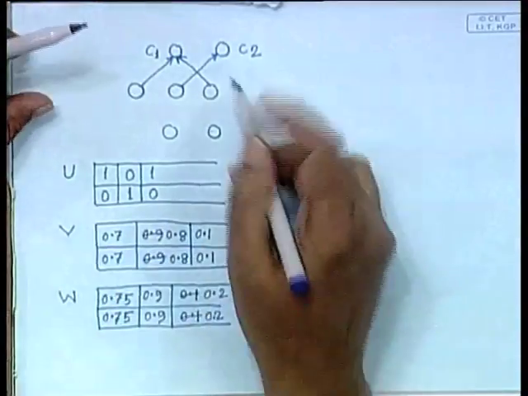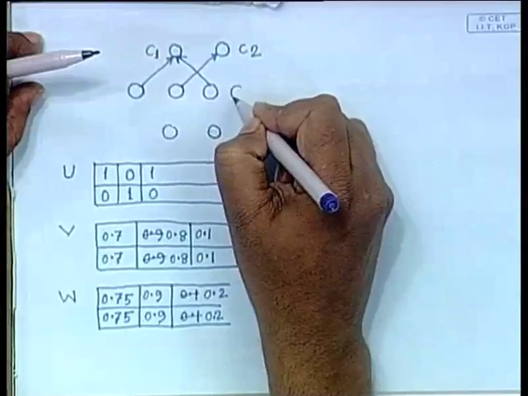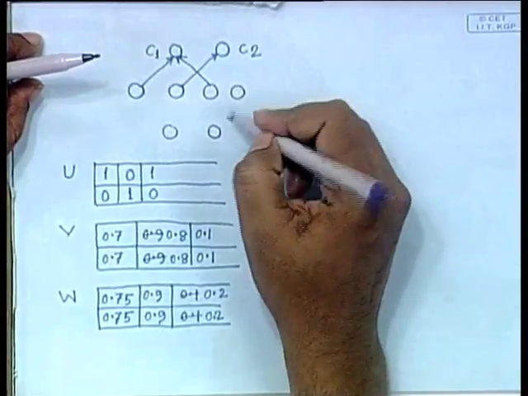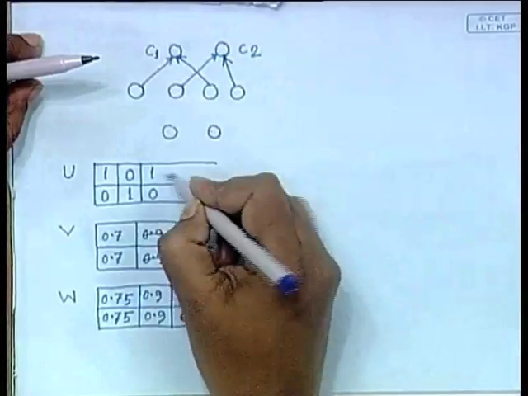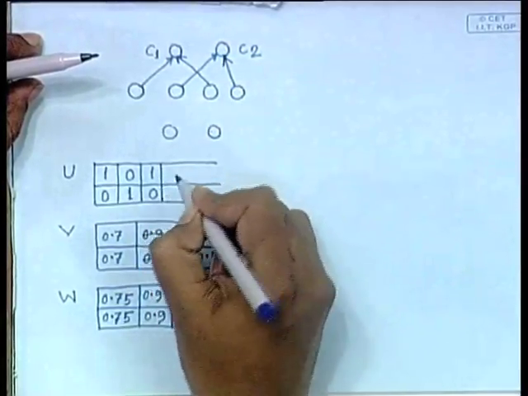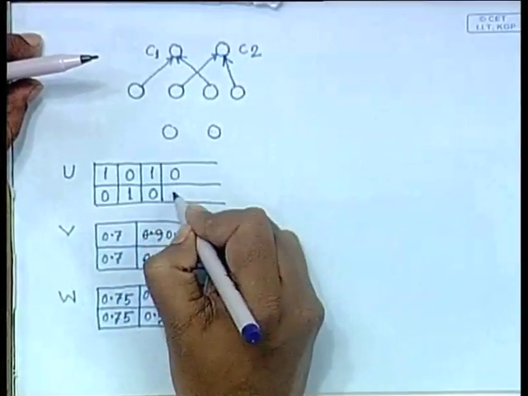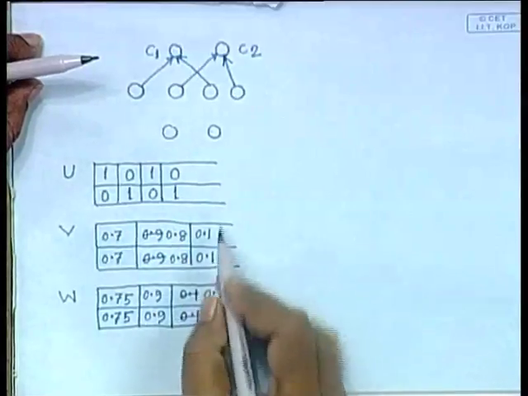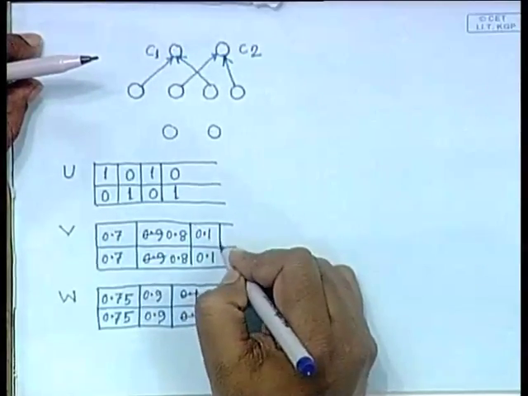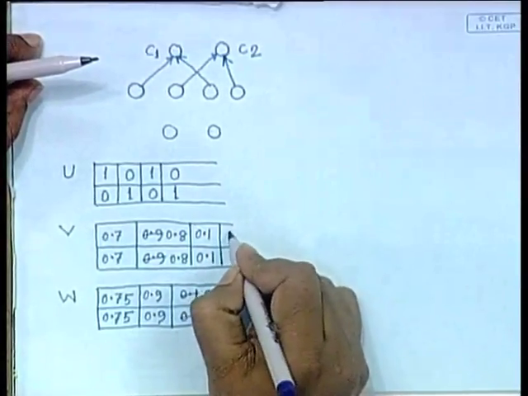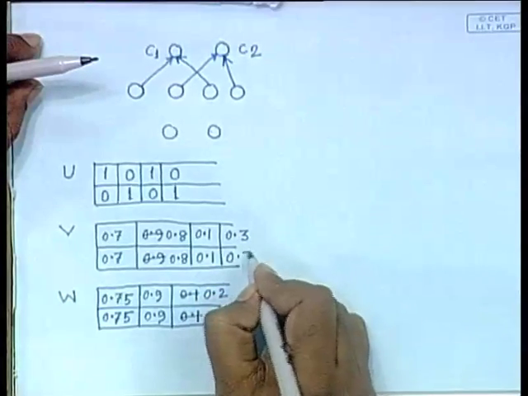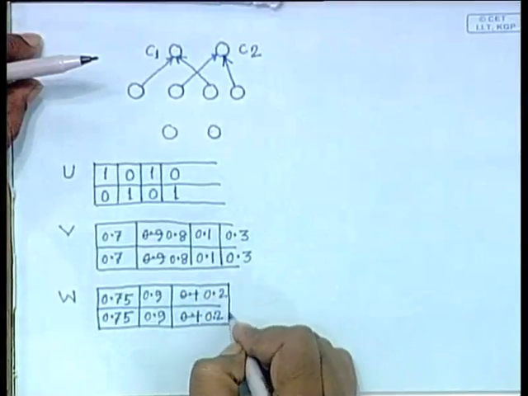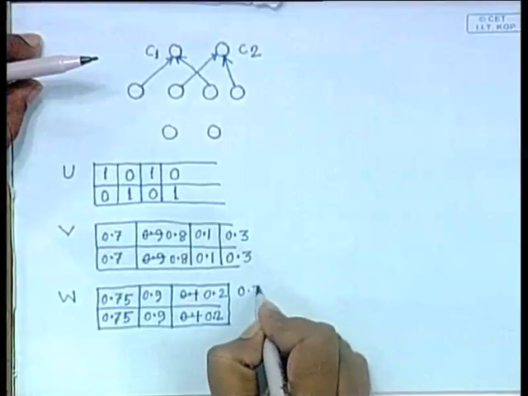So, I have to add a neuron over here, and this belongs to class C2. So, I have to make an entry in the U matrix, which is 0, 1, and for this one I have to enter the min point and max point, and this being a point hyperbox, both of them will be 0.3 and 0.3.